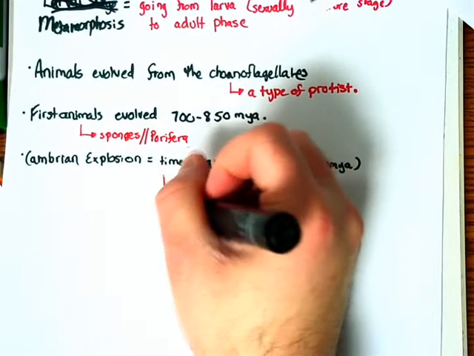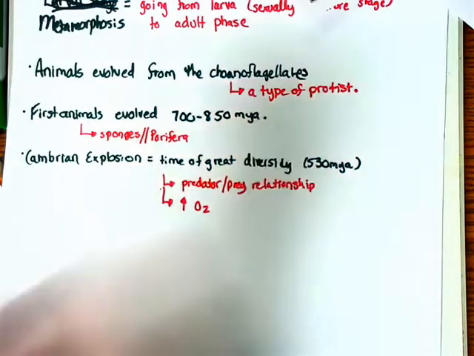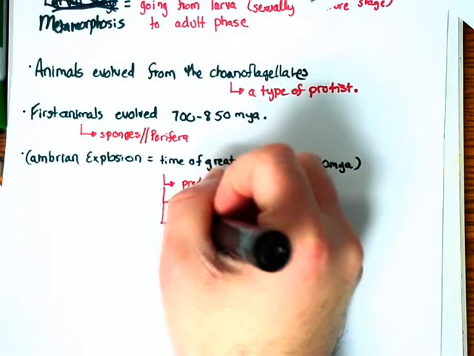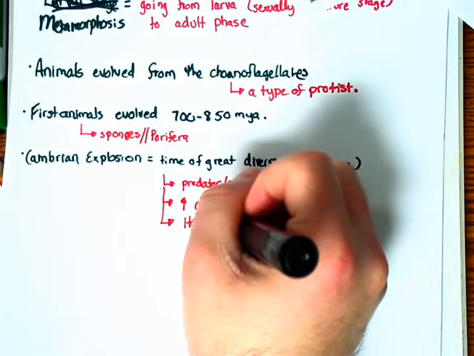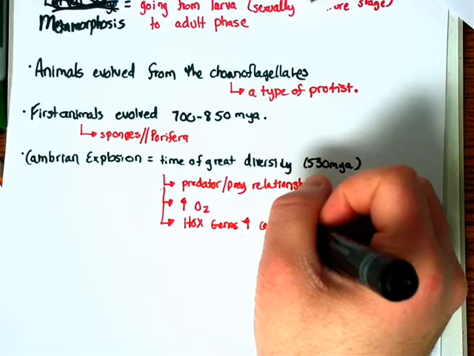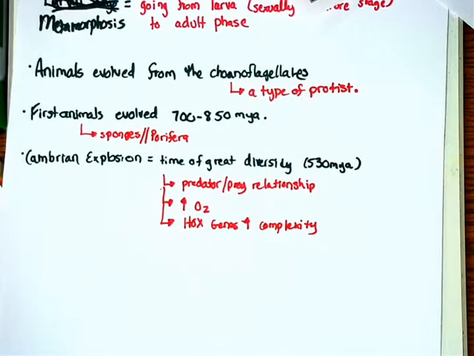An increase in O2 in the atmosphere. And the Hox genes increase in complexity. Right?